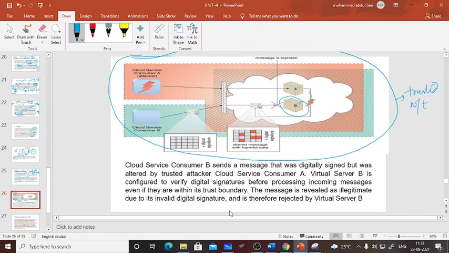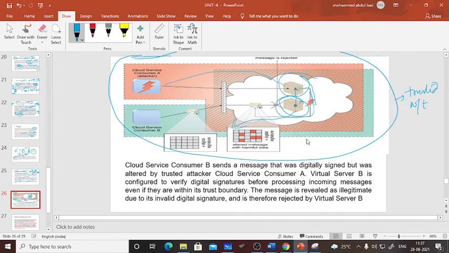The message is revealed as illegitimate due to the invalid digital signature. So what happened is that the digital signature has been modified. It goes to server B, but the trusted network A, which says that virtual machine A responds if you want to go to virtual machine B, but the data is already available in virtual machine A, then the digital signature is verified and it says that this is not verified.